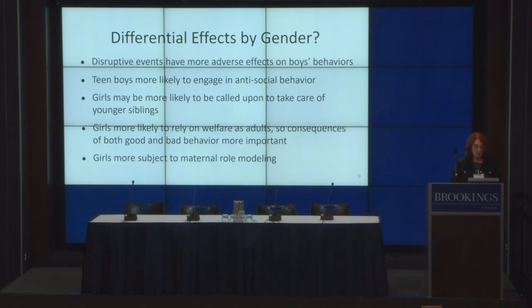Girls might be more called upon to take care of younger siblings. Girls are going to be more directly affected by welfare as they get older. So if they do more good things, it might help them, and if they do more bad things, it might hurt them. The girls might be more subject to their mother's modeling than the boys would be.